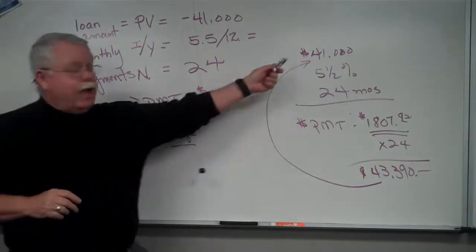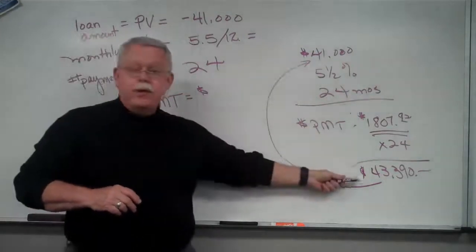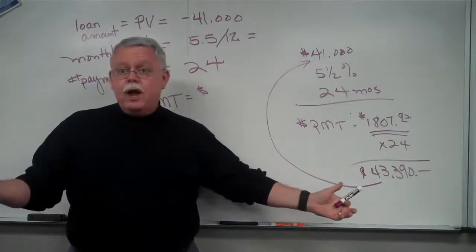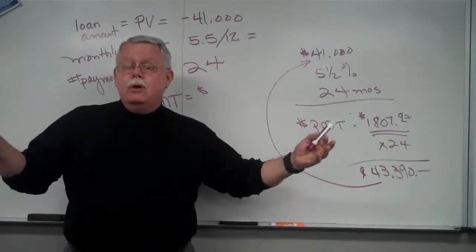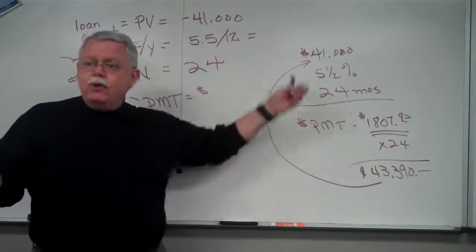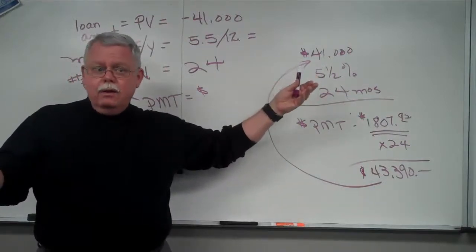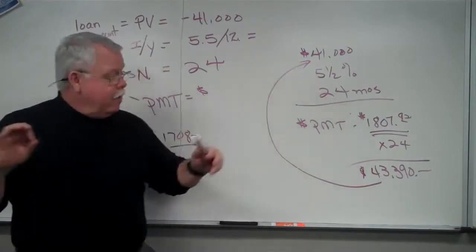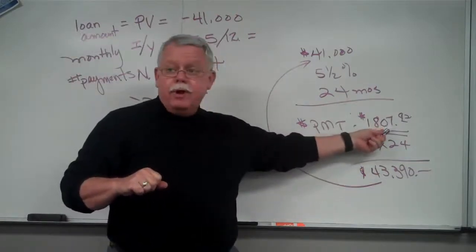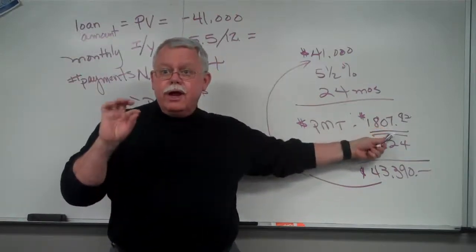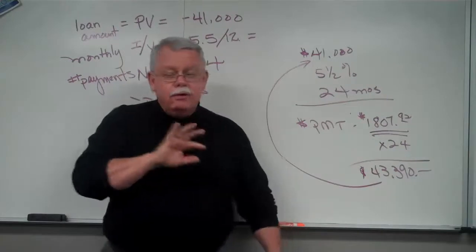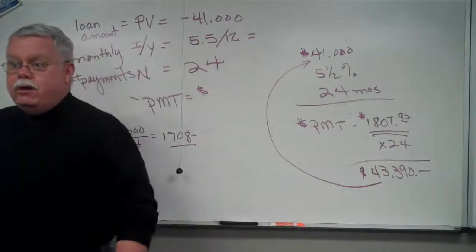I'm buying a $41,000 vehicle, I'm paying $43,390 for it, I'm paying $2,390 in interest, which is not too bad, over 2 years. Okay? Is everybody comfortable with $1,807 for a payment? Did everybody find that? If you didn't, do it. Or let me know why you can't or how you can't.